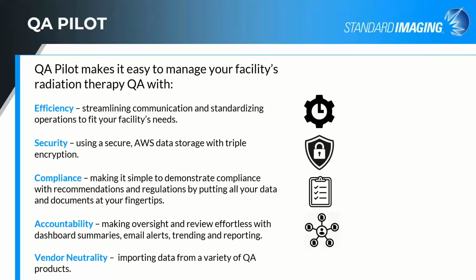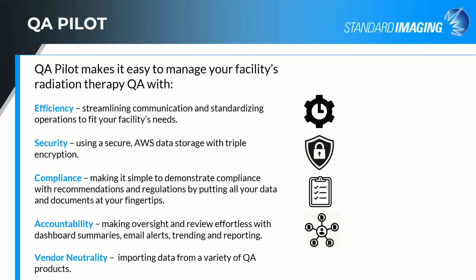QA Pilot is a database and management system. QA Pilot provides dashboard summaries for everything from sites and machines to QA schedules, statuses and reports, and to equipment inventory and tasks for broad QA oversight.